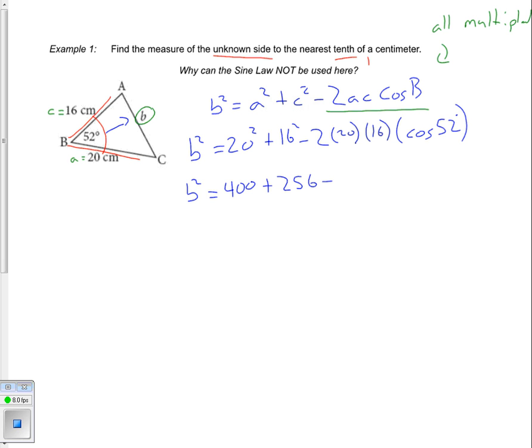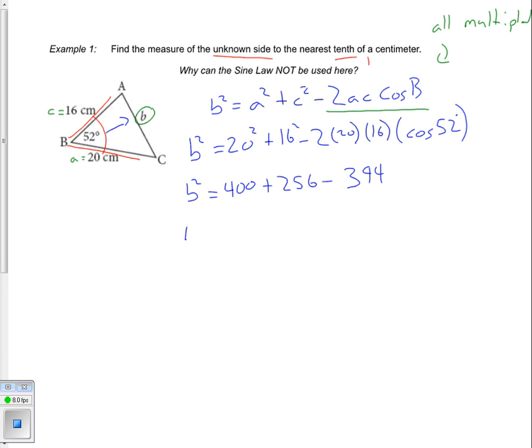So I'm going to do 2 times 20 times 16 times the cos of 52 degrees, and that's going to equal approximately 394. Okay? So, please bear in mind that the far right-hand side of this equation, all those terms are multiplied, and we need to multiply them, otherwise you're going to get into trouble.